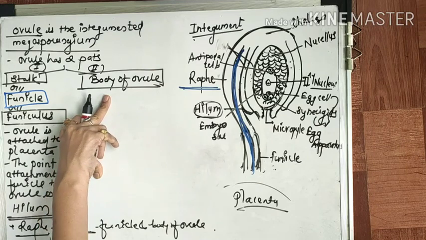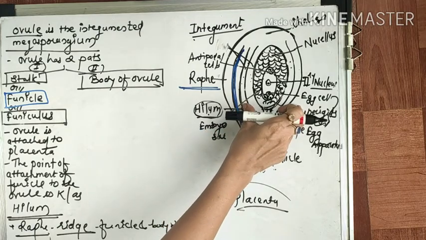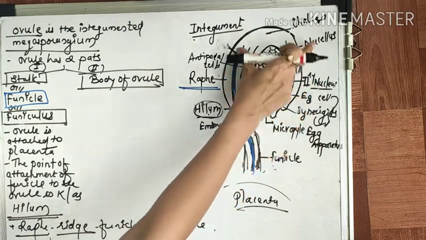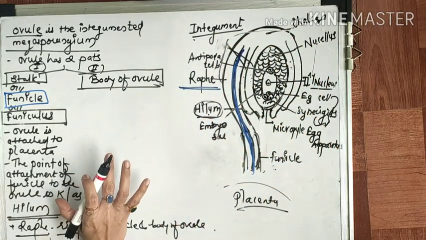We can see these funicles bear a swollen part at their tip. That part is called the body of ovule.